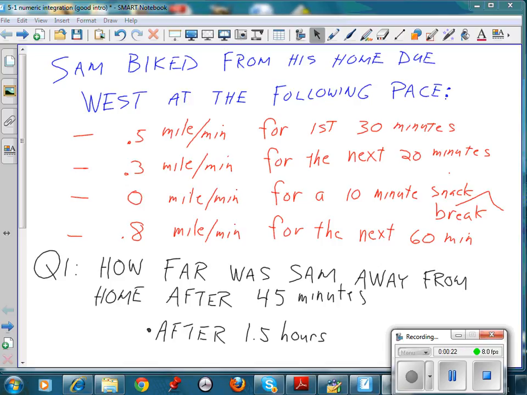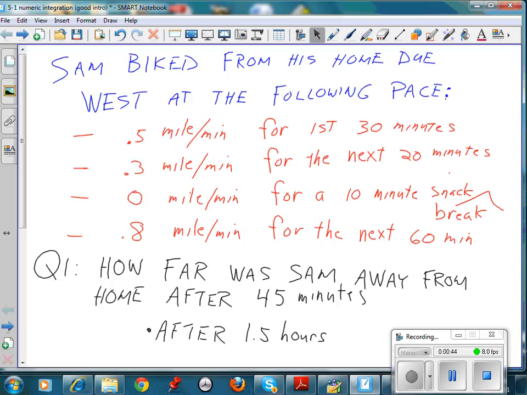We've got Sam biking from his home, going due west. He's biking in a straight line, as all our first-year calculus problems are, straight line motion. He goes a half mile per minute for the first 30 minutes. So he starts off at a pretty brisk pace.